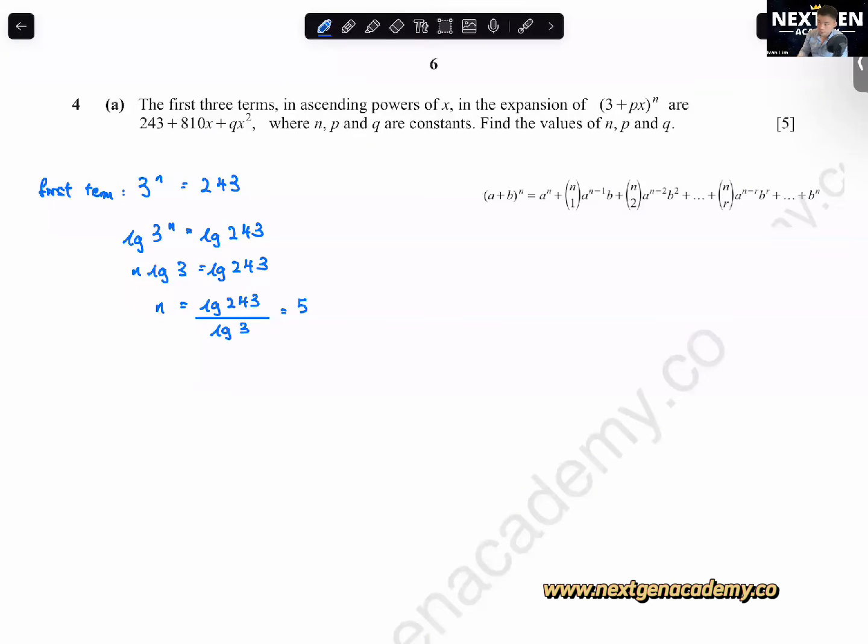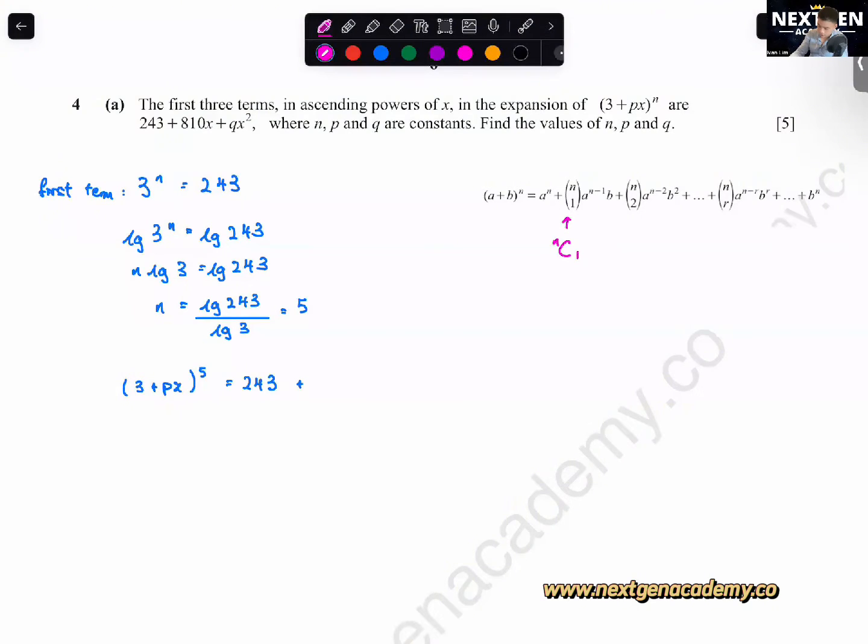Next, now that you know this value already, you need to expand for this and this. We need to apply this formula. Just in case you don't know how to apply it, you just write down (3 + px)^5. Your first term is 243. Second term, we have to know that this is nC0, nC1, nC2.